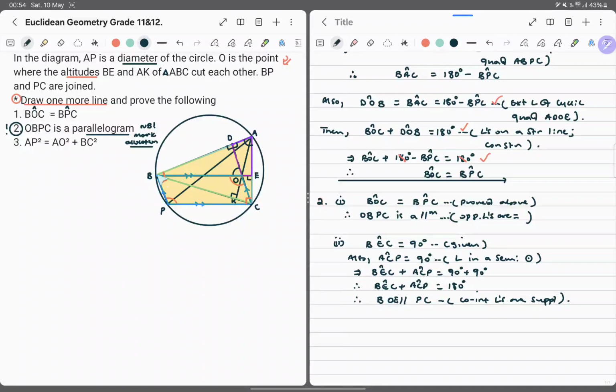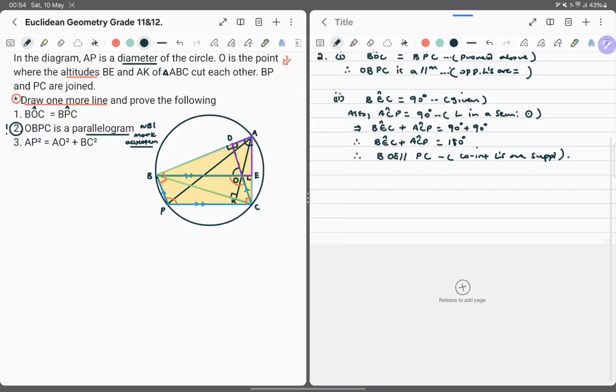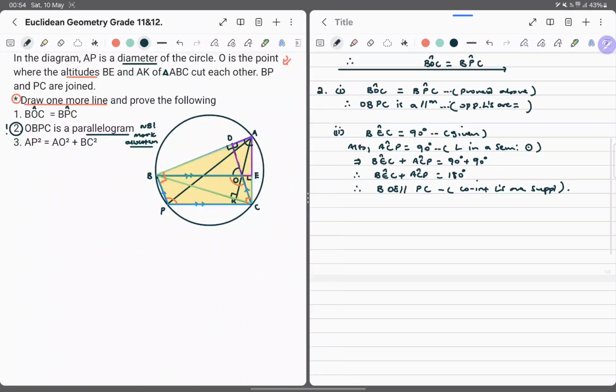But all we are trying to suggest is that BO is parallel to PC in this quadrilateral. So what else can we say? I don't know if we are allowed to say it, but I feel we should say it. We can say, however.